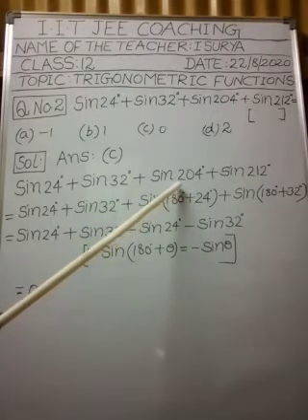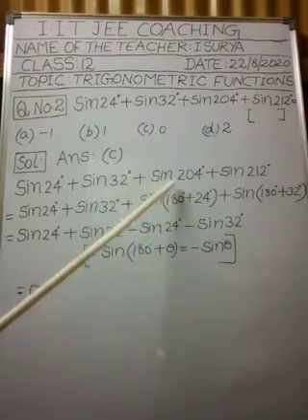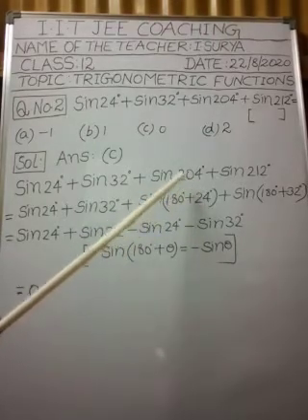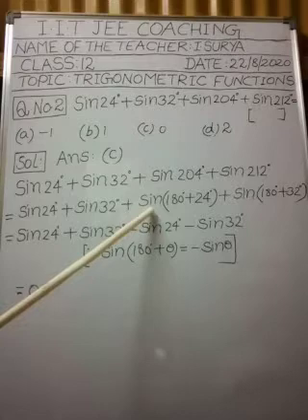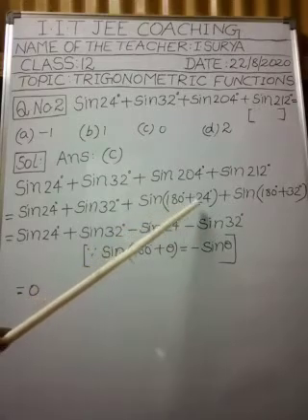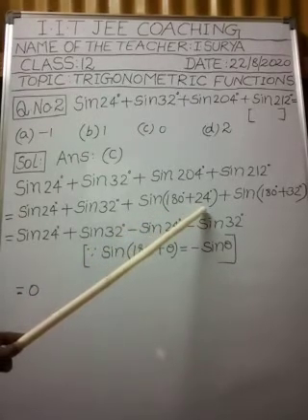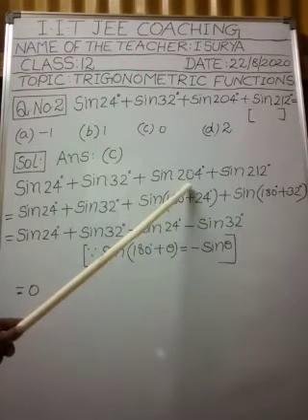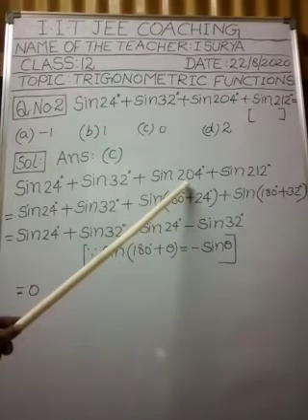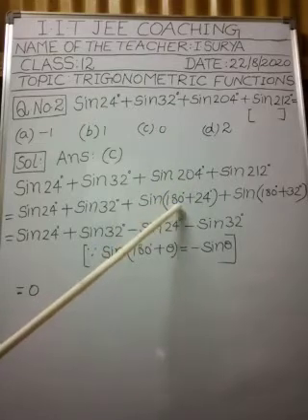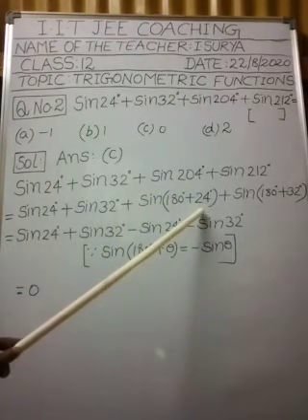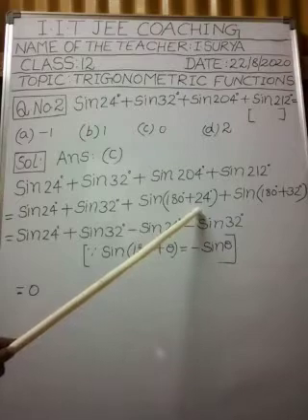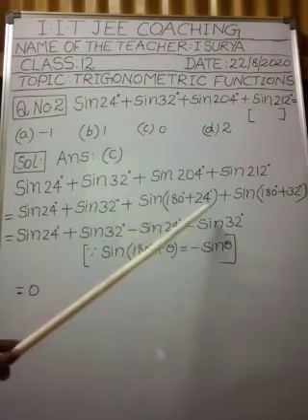Observe this term, my dear children. Sin 204 degrees is there. I wrote sin 204 degrees as sin of 180 degrees plus 24 degrees. The sum of these two numbers equals 204 degrees. Can we write it or not, my dear children? Right. So I wrote this term like that.